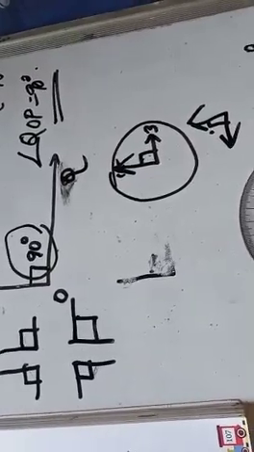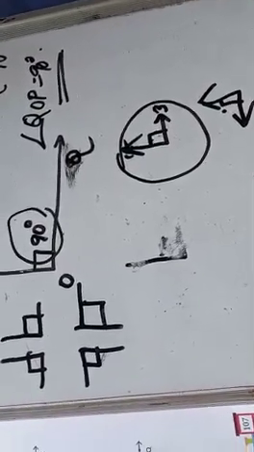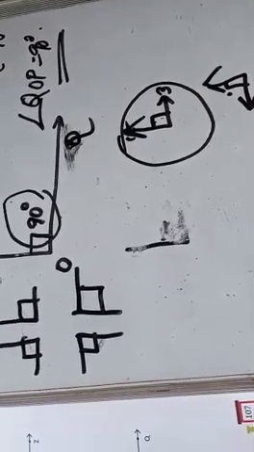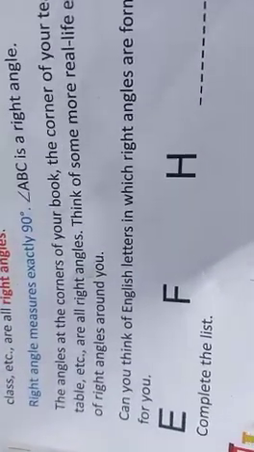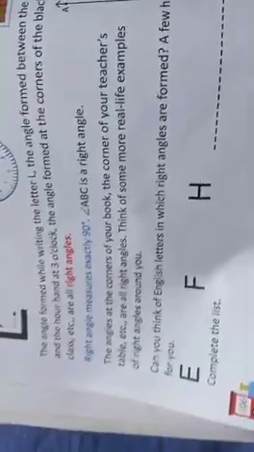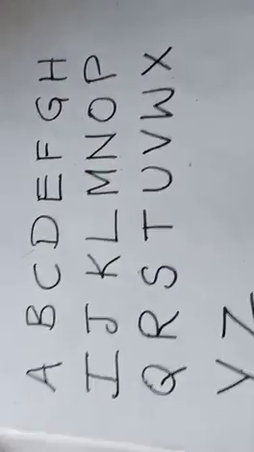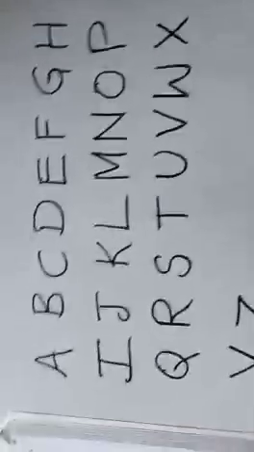Now, can you think of English letters in which right angles are formed? A few have been done for you here. Complete the list. E, F, H. Now let us see which alphabets have 90 degrees.